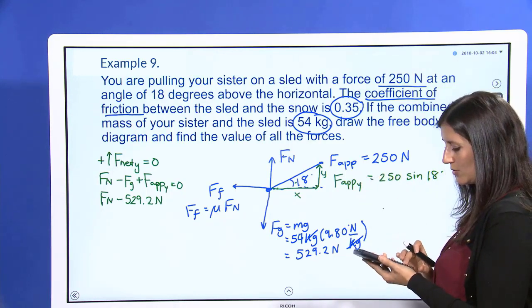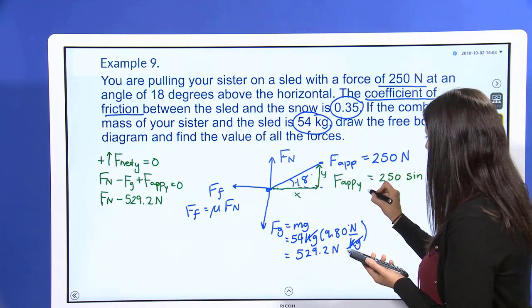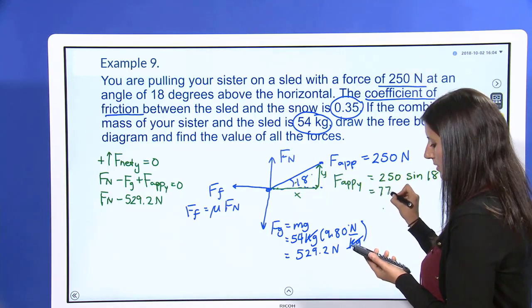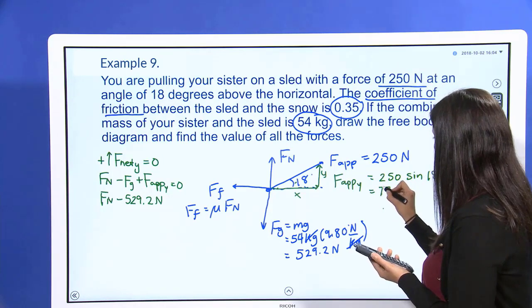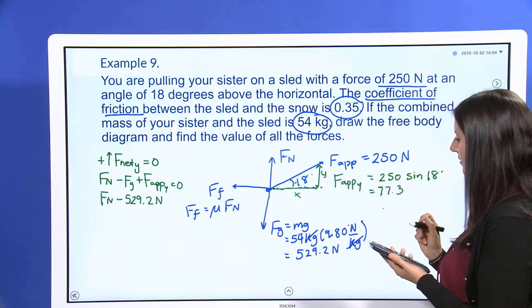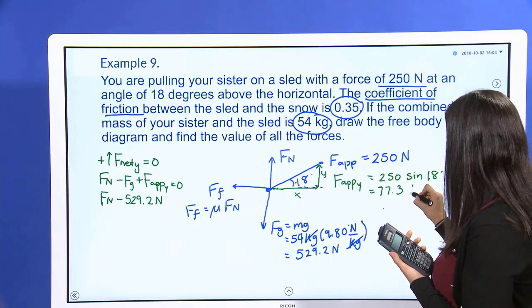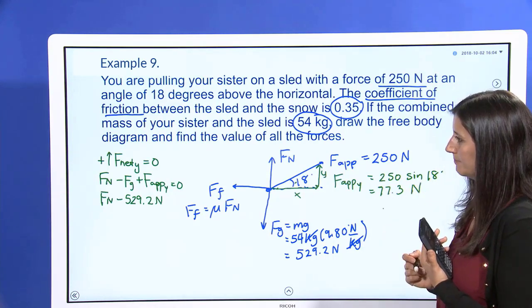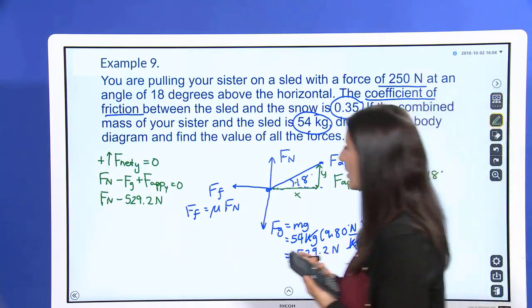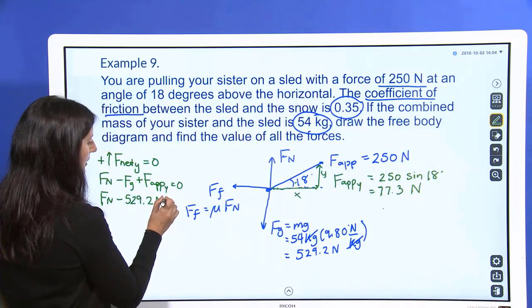So I'll type that in, 250 sine of 18, and I get 77.3. I'm just rounding right now. 77.3 newtons. Okay, so that's my F applied y. It's pointing upwards, so I'm going to put it right here.